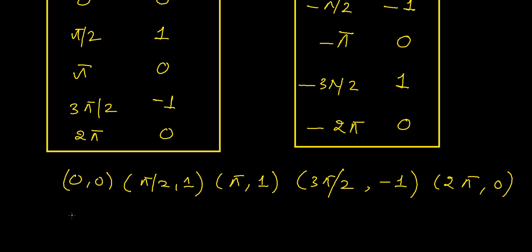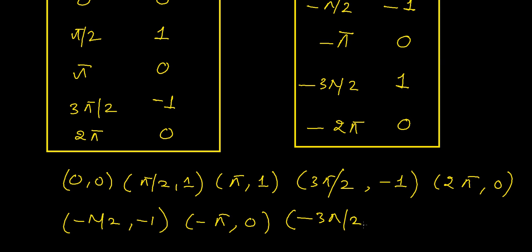Similarly, for negative values we have minus pi by 2 and -1, minus pi and 0. We also have minus 3 pi by 2 and 1, and minus 2 pi comma 0. So these are the values we have from the table.